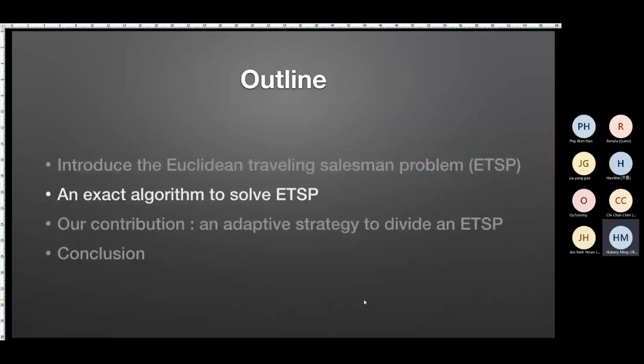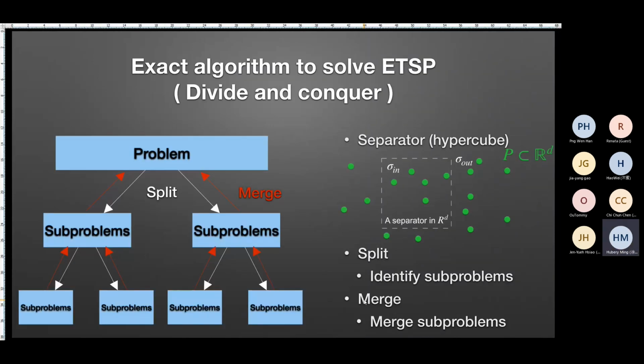Okay. Now we are going to discuss the exact algorithm to solve an instance of ETSP. The exact algorithm is a divide and conquer algorithm. That is to say, we will use the algorithm to split a large problem into multiple smaller subproblems.